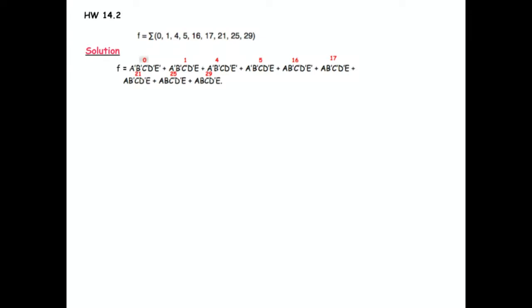Okay? Then 25 is going to be 16, 8, 0, 0, 1. Then 29 is going to be 16, 8, 4, 0, 1. And when I say 16, I mean the 1 in the first position.